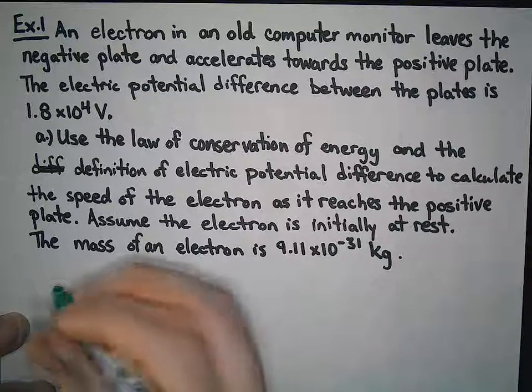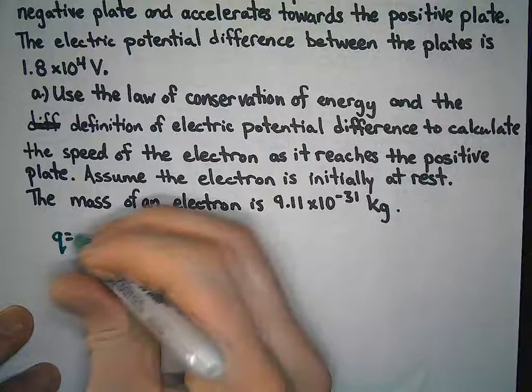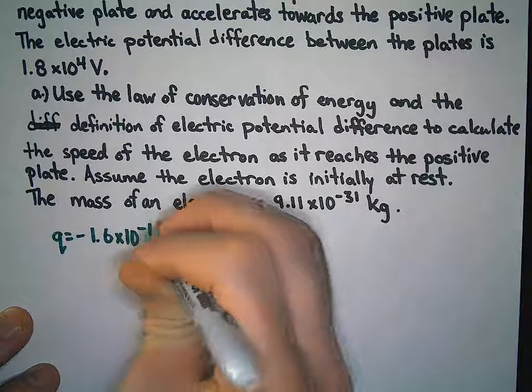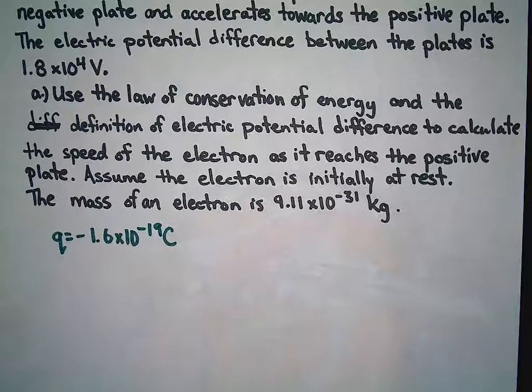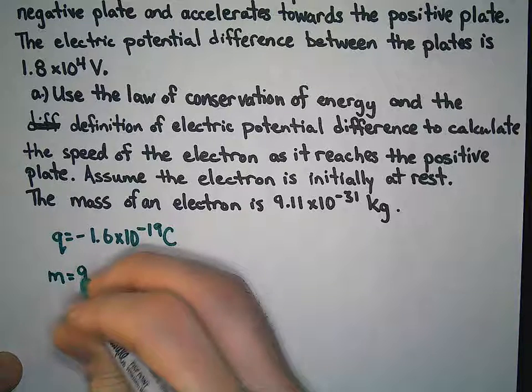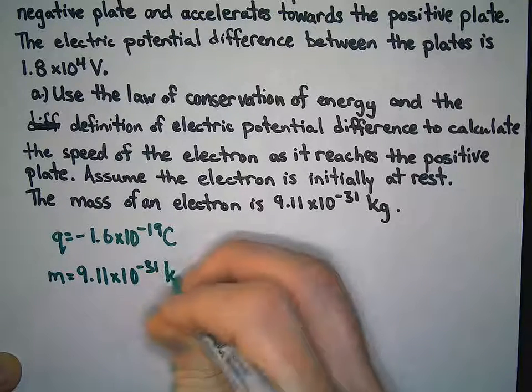Remember that the charge Q of an electron is negative 1.6 times 10 to the negative 19 coulombs. So the mass as given, 9.11 times 10 to the negative 31 kilograms.